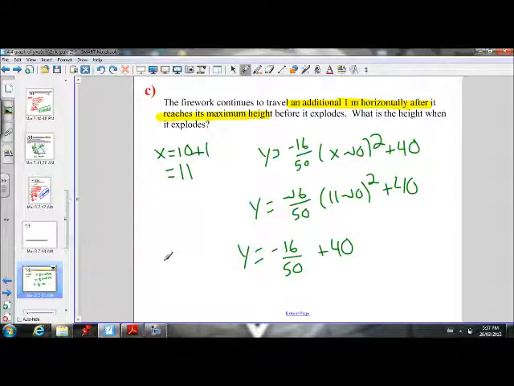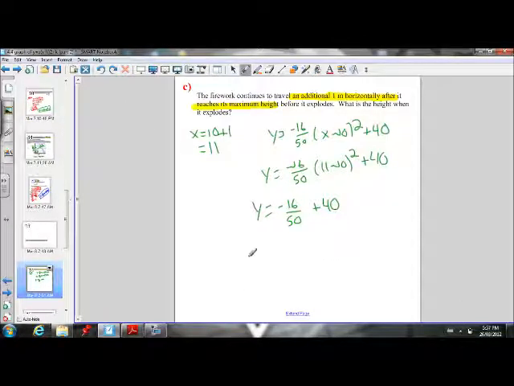So if we convert this to a decimal and solve, so we don't have a huge fraction, we get y equals 39.68 meters. So you'd write a nice sentence.